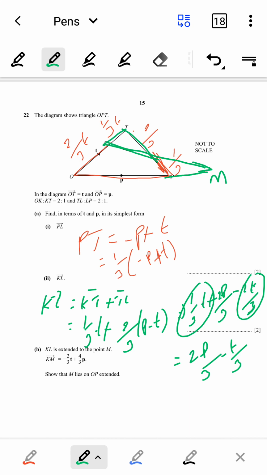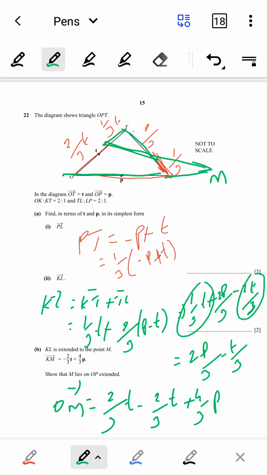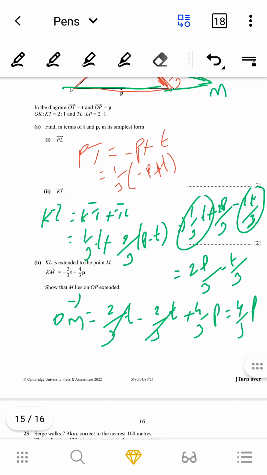So they are telling us we can calculate from here to this base OM. The OM vector equals 2/3 of T minus 2/3 of T plus 4/3 of P, both cancelled, leaving 4/3 of P. Exactly correct.